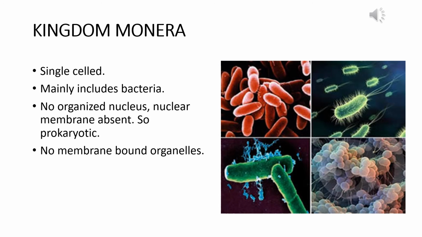Now we are coming to the 5 kingdom classification, and the first kingdom of the 5 kingdom is kingdom Monera. And kingdom Monera consists of the unicellular prokaryotic organisms, that are the bacteria. So all the organisms of the kingdom Monera are single-celled, that is they are made up of a single cell, and they mainly include bacteria.